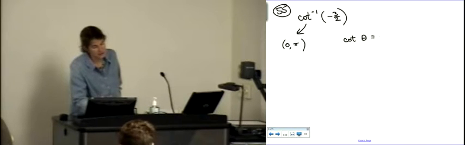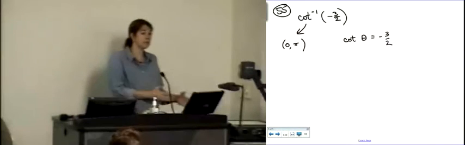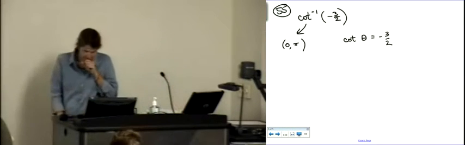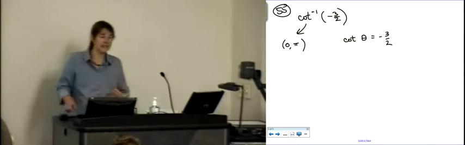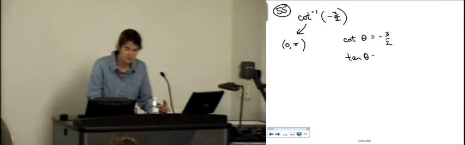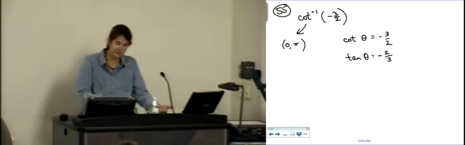We were using the reciprocal functions to get there: if the cotangent of an angle is -3/2, then the tangent of that angle will be -2/3. The tangent is the reciprocal of the cotangent.